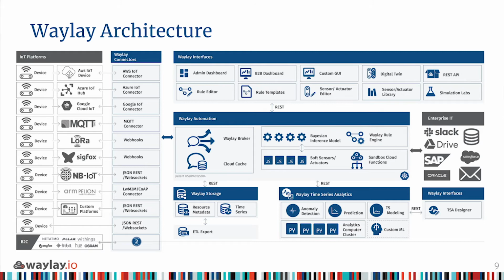And then on top, in terms of UI, we of course have our developer UI, and that is by default enabled. And that allows you to program onto the Waylay platform. But we also have, like I said, a B2B dashboard that is more towards the customers of your customer to visualize some statistics, KPIs, and what have you, and create a dashboard for visualization of what is going on, including creating alarms, for example, and then sending emails or SMSs to the people that need to act upon it.